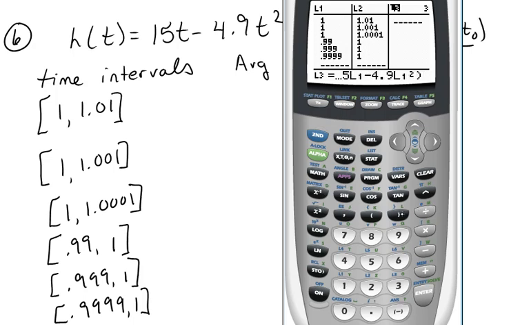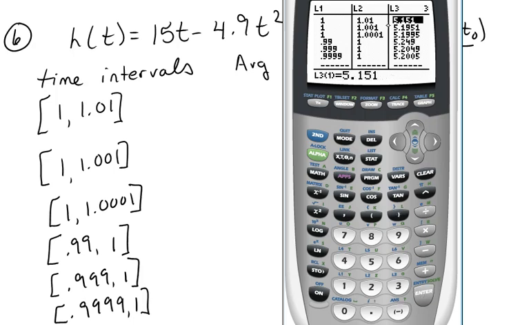All right, and then close that parenthesis. That closes the entire numerator. Then you're going to divide that by the difference between the endpoints, which is just L2 minus L1. Oops, my minus didn't come up. And so now when I hit enter, it's going to fill in all the columns.